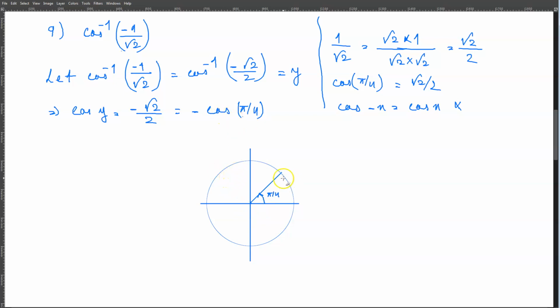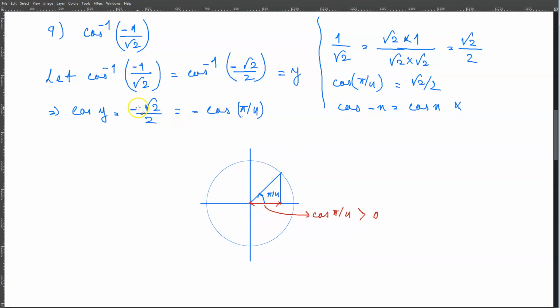Now the cos of pi by 4 is this length over here, which is a positive value, and it is square root of 2 over 2, which is something about 0.7 or so, right?